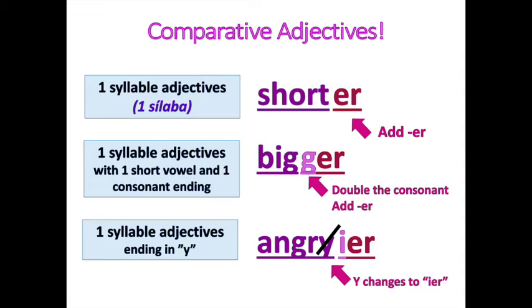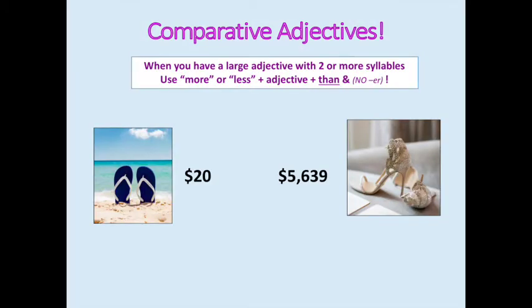These rules are all for one-syllable adjectives. But what do you do if you have a larger adjective? An adjective that is two or more syllables. When you have a large adjective with two or more syllables, use either more or less, then the adjective and then the word than, without adding the ER.